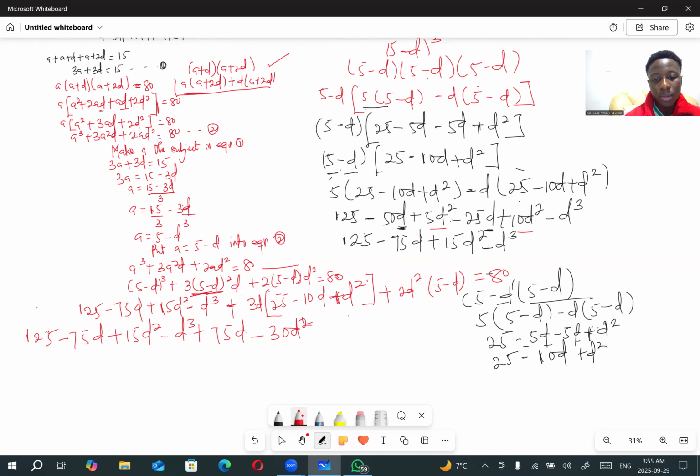Then plus 3d times 3d is what? 3d cubed, isn't it? Plus, now if you are expanding that side, 2d squared times 5 is 10d squared minus 2d squared times d will be 2d cubed, isn't it? Equals 80. Can I clean that portion off? Yes. Okay.